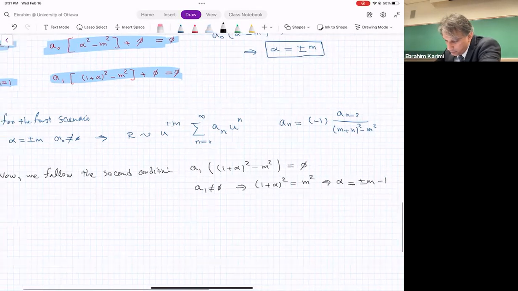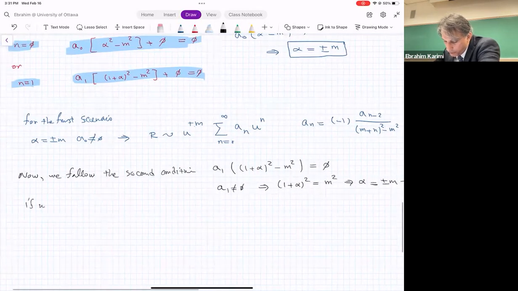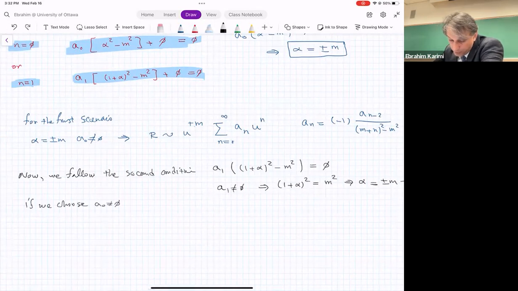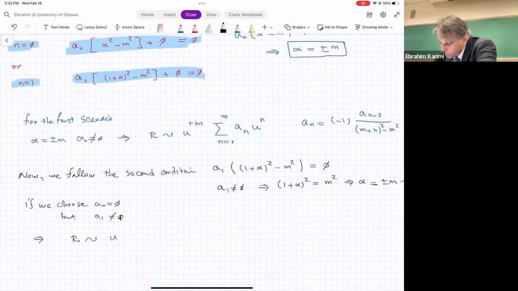Then if we choose A0 to be equal to 0, but A1 to not be equal to 0, therefore we get R to be equal to u to the power of alpha, which alpha now is plus m minus 1. For simplicity, I consider the plus sign. It can be the same for minus, by the way.